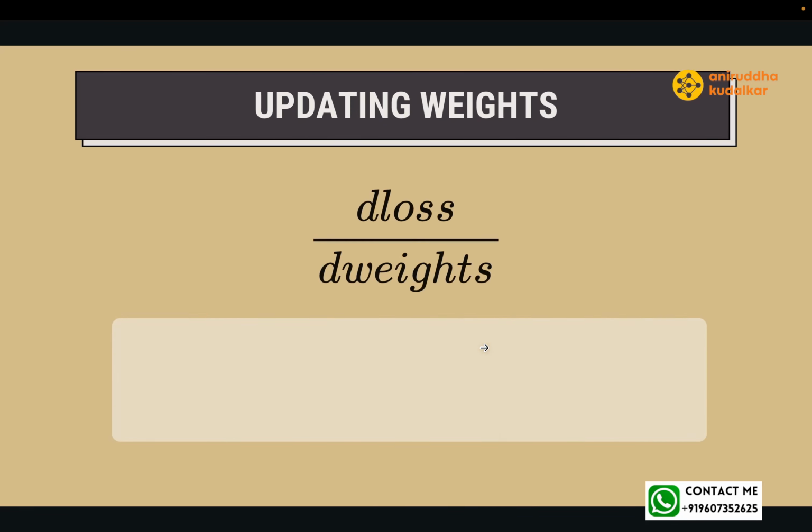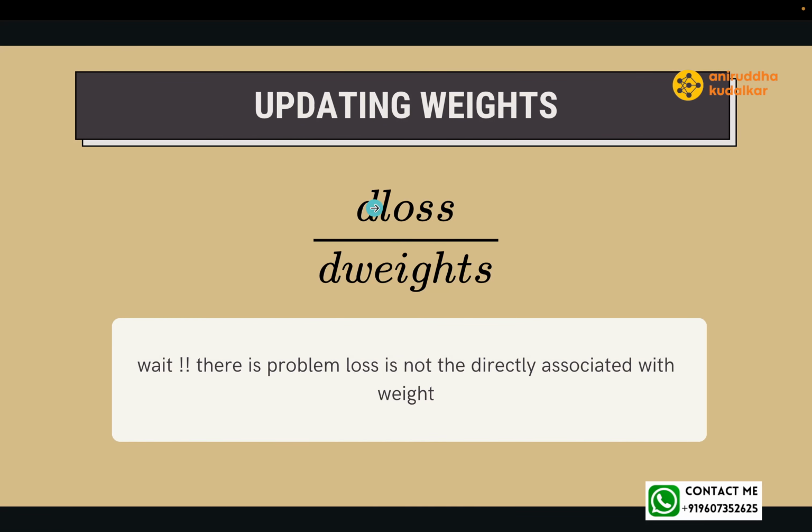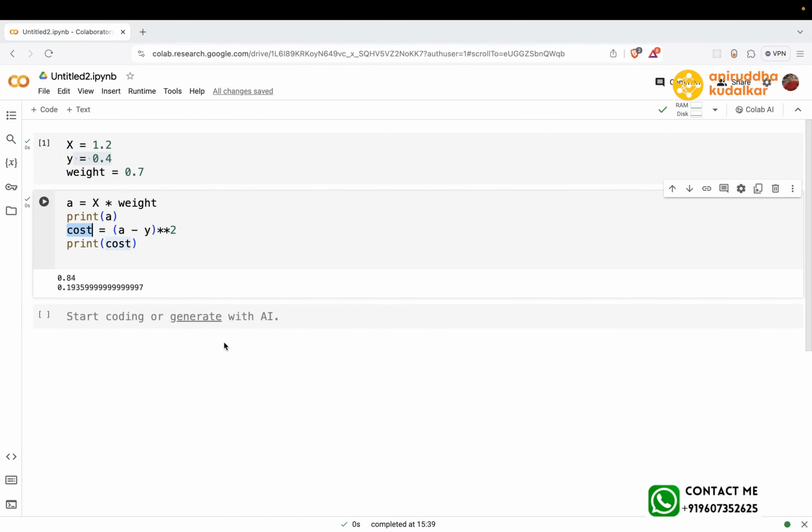Now, the derivative of loss with respect to weights. But there is a problem. If you look at this equation, can you see that this cost and this weight are not directly associated?